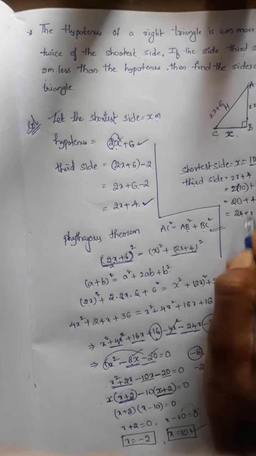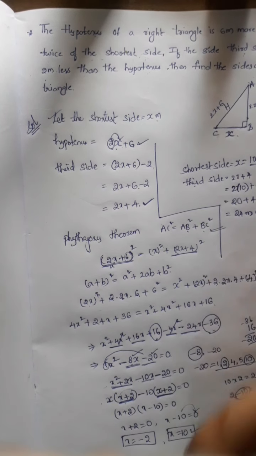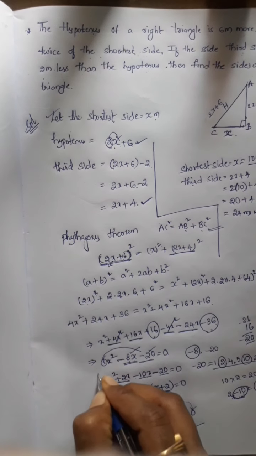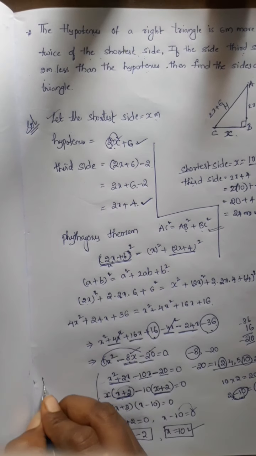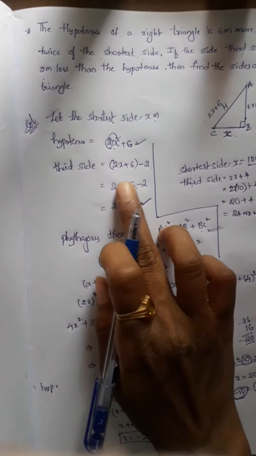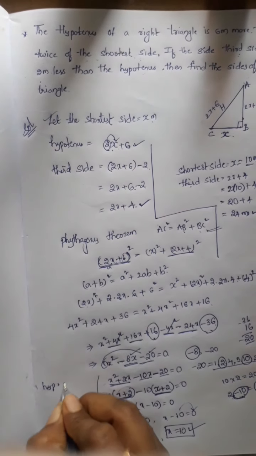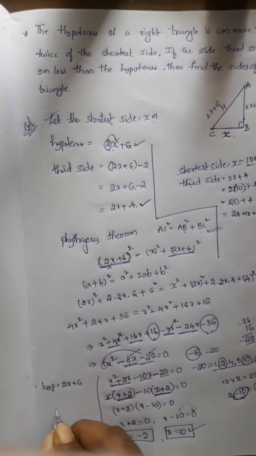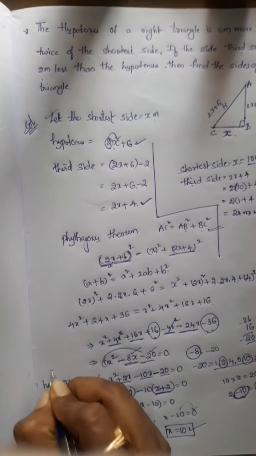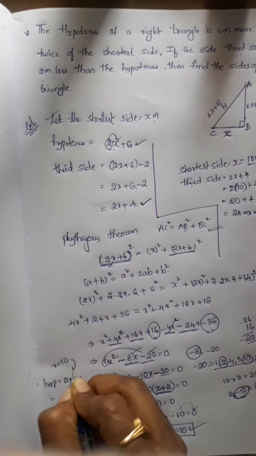The third side is what here? 24 meters. Now what is the hypotenuse? Hypotenuse is 2x plus 6. So we'll substitute x is equal to 10 in this equation.